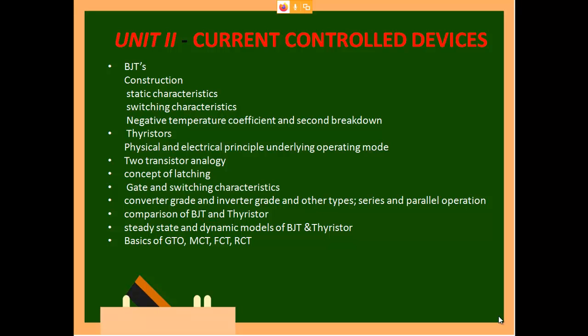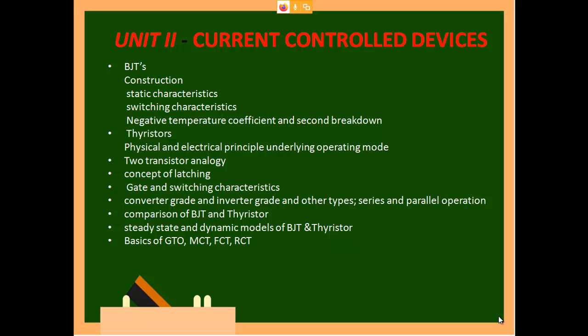After the positive half cycle it will touch zero and again it will go to the negative half cycle and then again it will come and touch zero. So for every 20 milliseconds it goes 2 times across zero. Whenever it goes to zero, automatically the device will get turned off. So you can use current control devices where you are using an AC source.